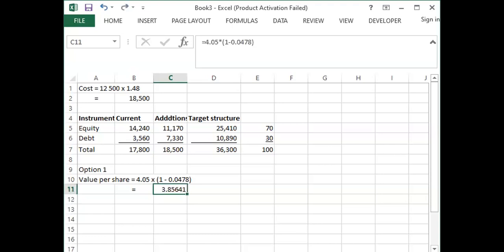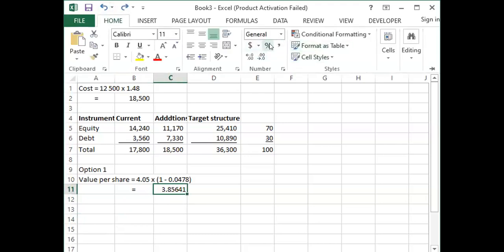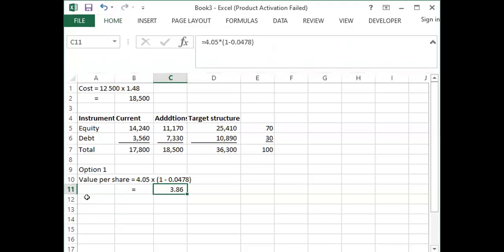Or let me just leave it the way it is. But for presentation's sake, you want to put it to 2 decimal places, right? Because it's money. So 3.86. I'm going to write it like that.